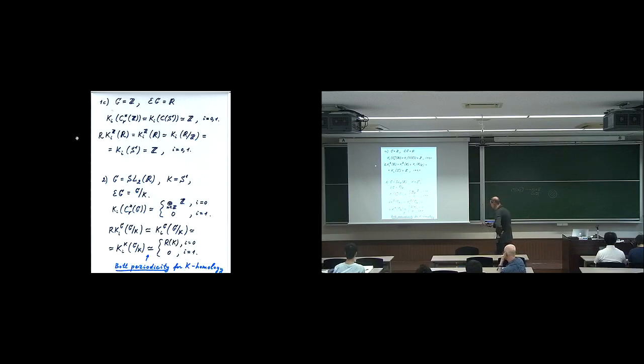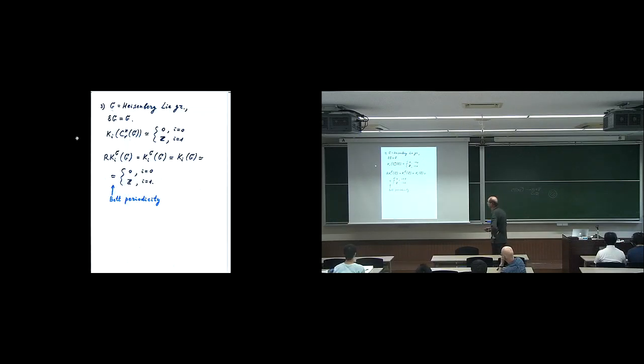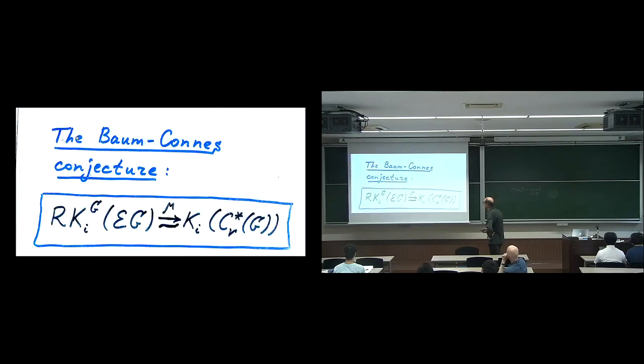And so there is Bott periodicity, which tells you that this is just R of K, which is the same as this one. This doesn't prove it; you need to follow exactly the definition of the assembly map to really get an isomorphism. But these two at least look similar. The case of the Heisenberg group is also pretty similar. Both parts are the same.